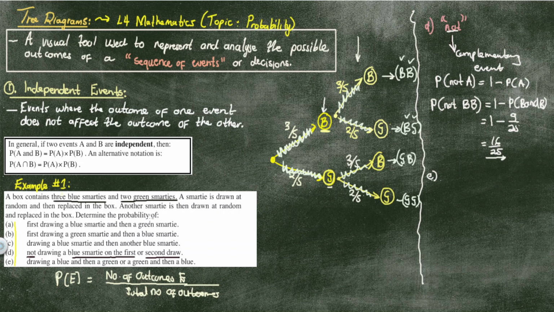Then let's go for E, the last one. Determine the probability of drawing a blue, then a green, or a green, then a blue. So the question is to determine the probability of taking out a blue and then a green, or another keyword, a green then a blue second.